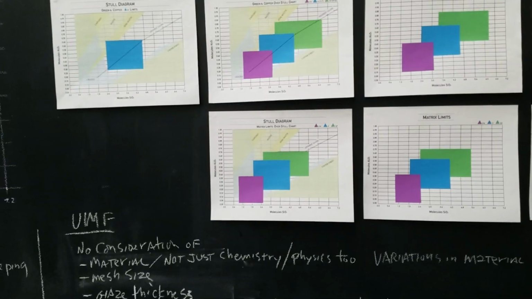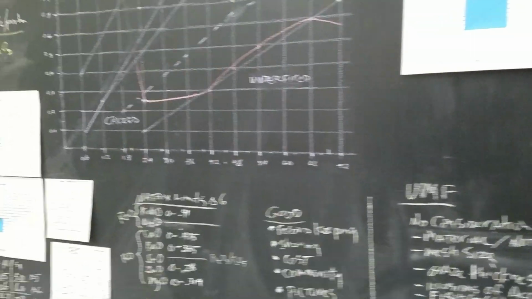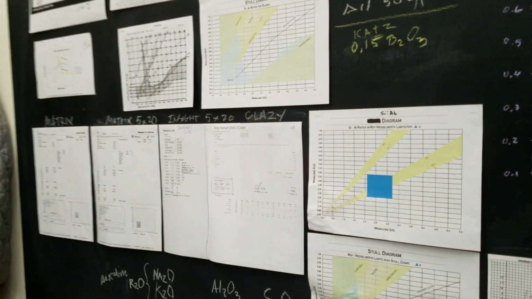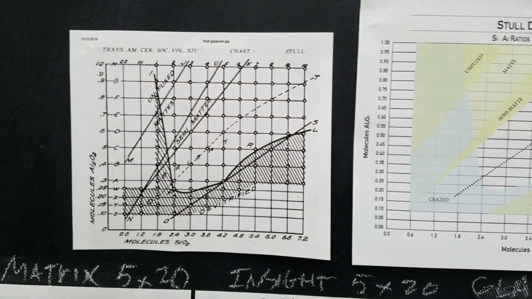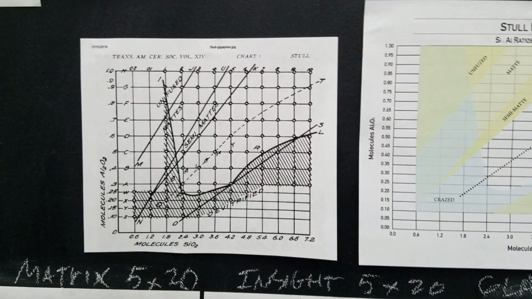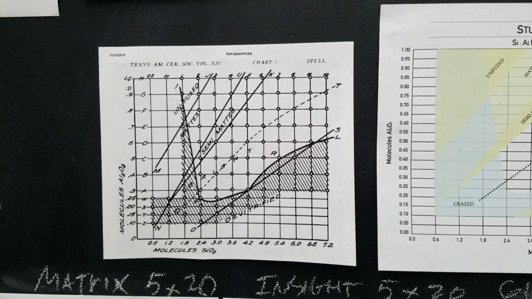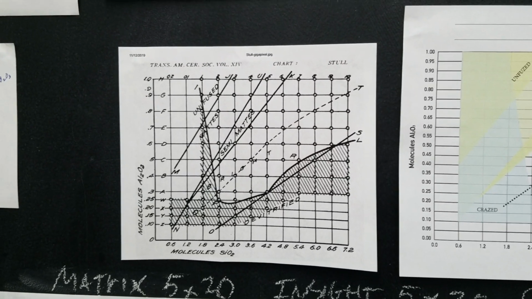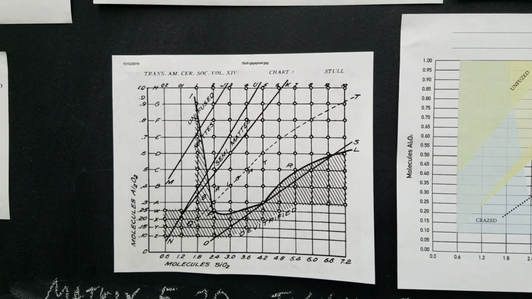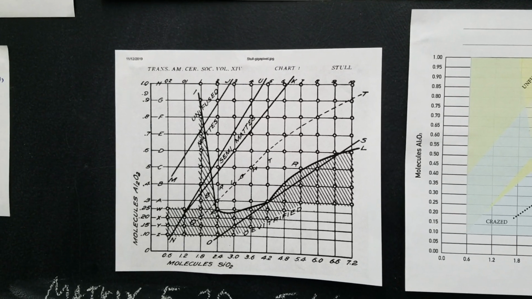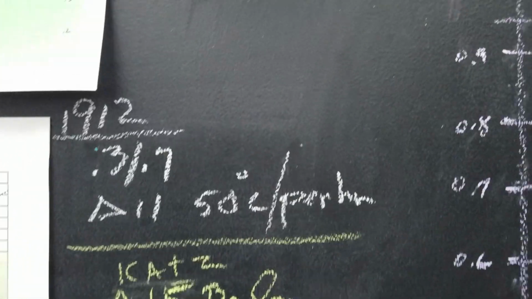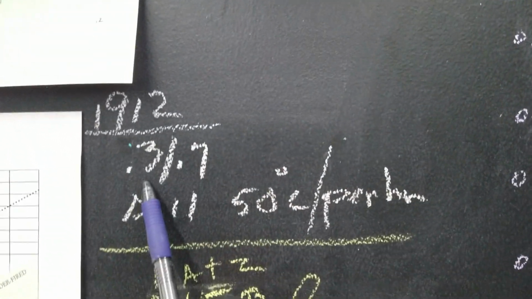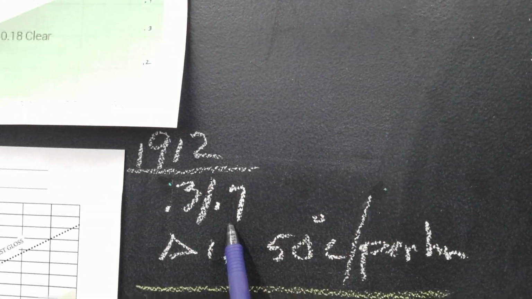Okay, now let me come back to these charts. So now Glazy is using the Stull chart. That's an alumina silica grid, and what happened was in 1912, this guy Stull was doing some tests of tiles, fired to cone 11 with a 0.3 alkaline flux, that's R2O, and then RO was 0.7.